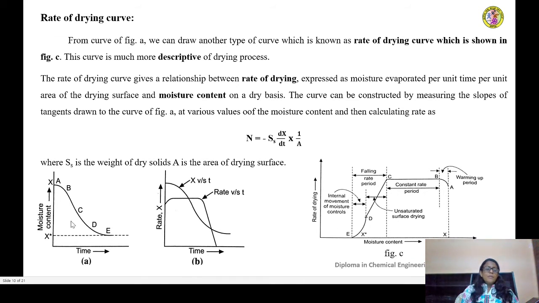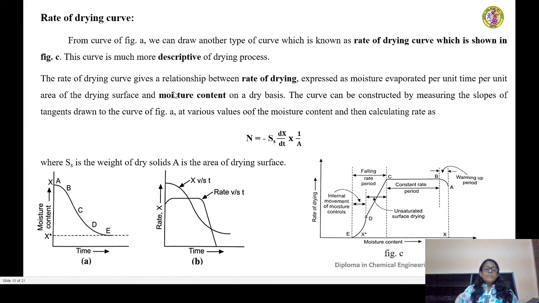It is obtained by measuring the slope of the tangents drawn to the curve in figure A. The slopes are used to calculate the rate of drying at each moisture content value, and that rate is then plotted against the moisture content to get this kind of curve.